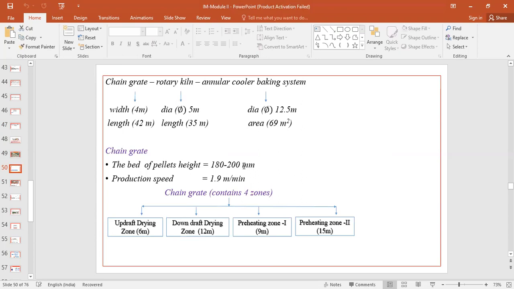That's why we are providing heat from the bottom, so that the bottommost layers get dry first, attain the required strength, and can withstand the load above them.